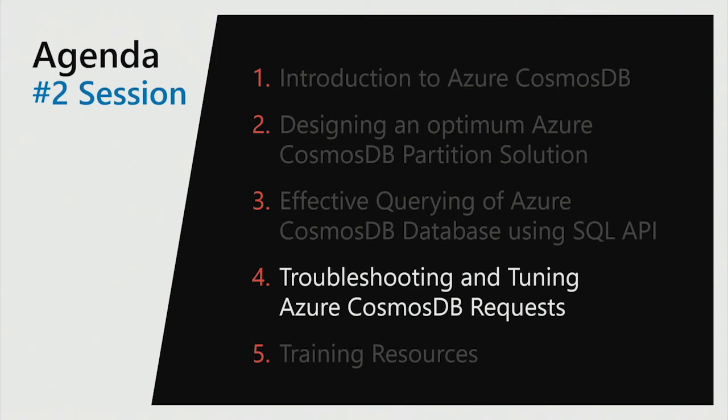How do I capture the metrics I need in order to understand whether I am doing things efficiently? So we're going to look at what metrics we can gather through the SDK, through the portal, through our queries, and also some other resources, to understand what the RU cost of our query is.